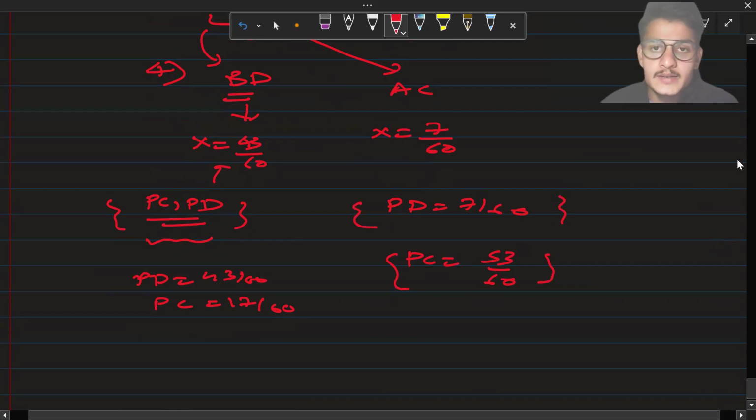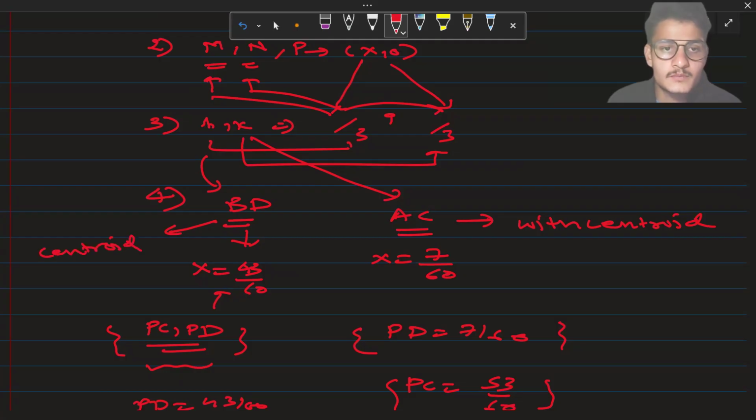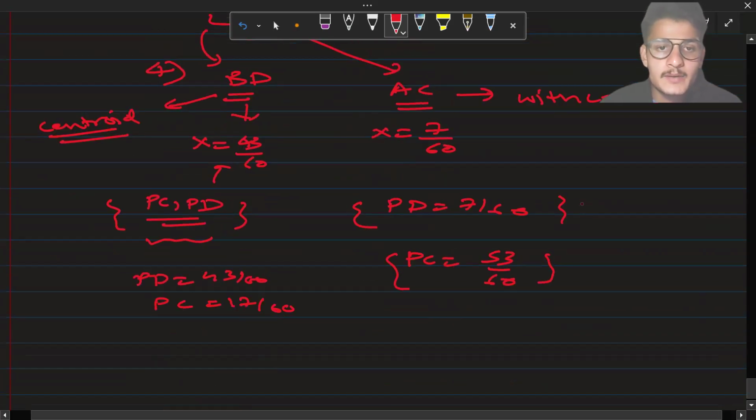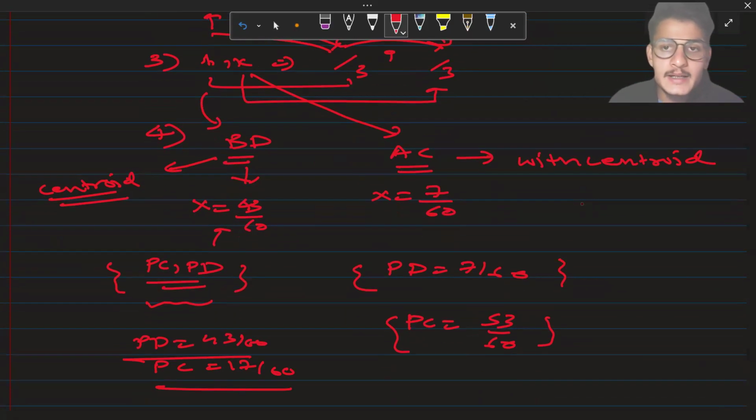So in two options, the centroid needs to be satisfied on AC, and in one situation, on BD. We have been given the lengths of PC and PD. If the centroid is lying on the BD, then these are the lengths of PC and PD, and here also, if the centroid is lying on the AC, then this is the value of PC and PD.